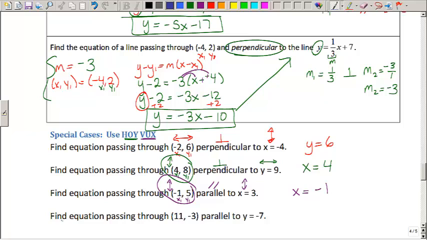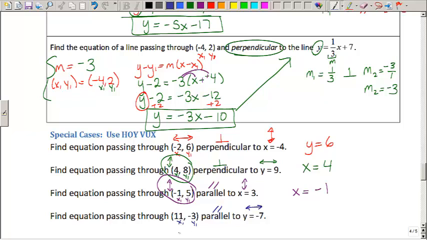The last problem I have, find an equation passing through this point x1, y1, and this time I need to be parallel to y equals negative 7. Y equals is a HOI problem because horizontal lines have 0 slopes and they look like y equals a number. Because this looks like y equals a number, I have a horizontal line.